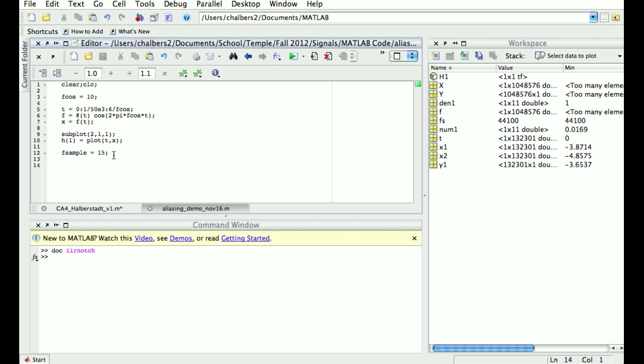It's because it's aliased. It looks stretched out, yeah. It's actually a different cosine, not just shifted.